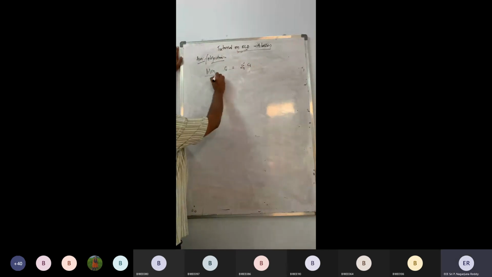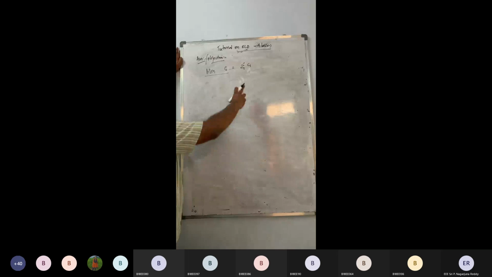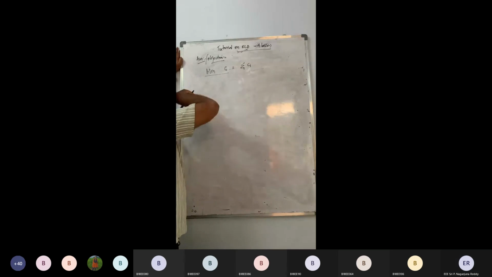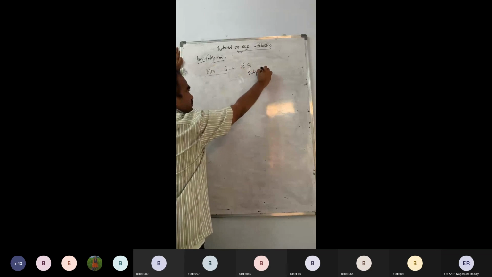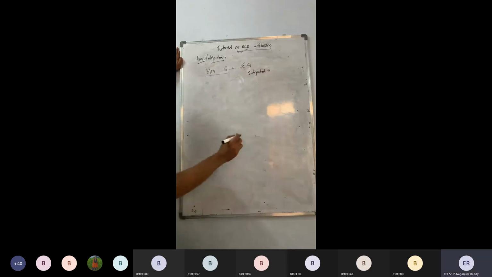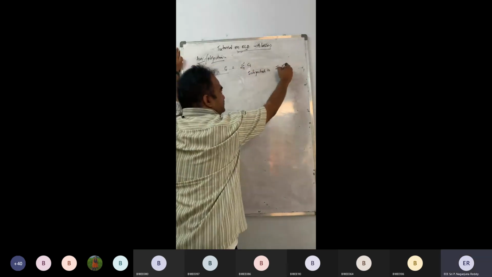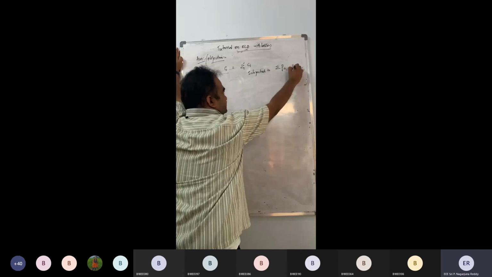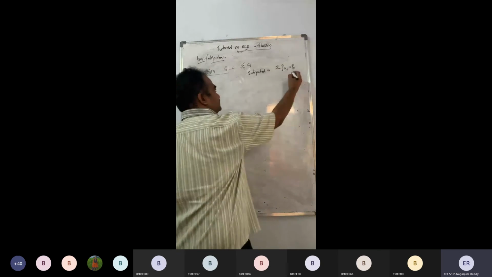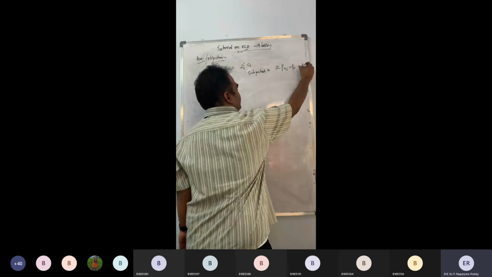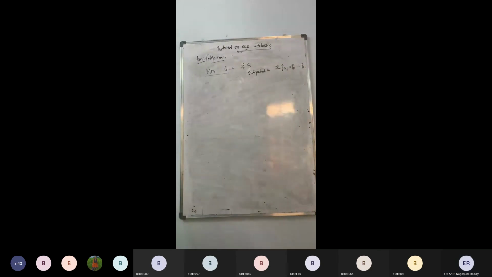So summation of all the costs is to be minimized. Now your target is minimization of C at all the plants, subjected to. Earlier case, what we have written, the total generations must be equal to your demand, isn't it? The total generations is equal to your demand. But now, since we are considering losses, your equation gets modified to this.